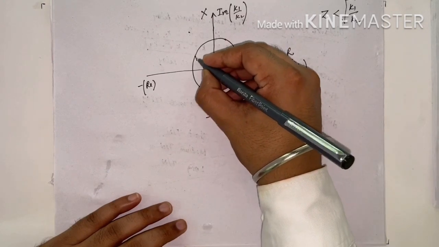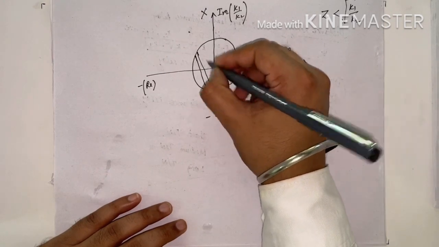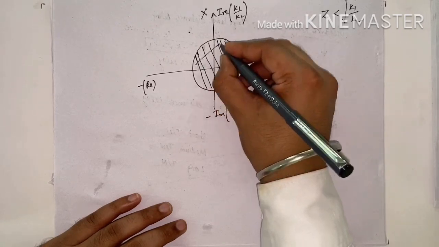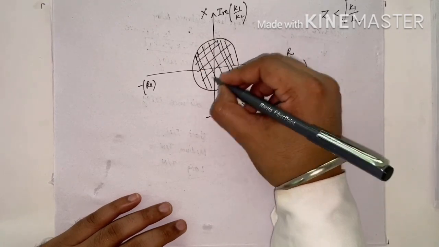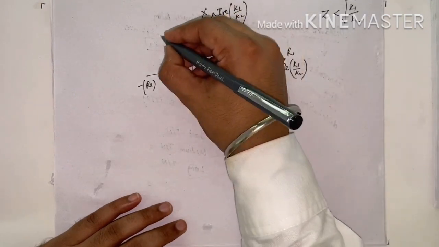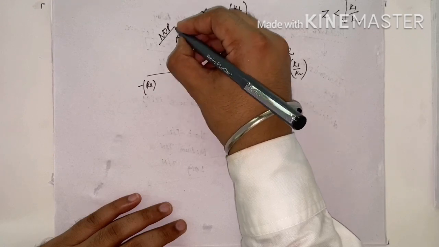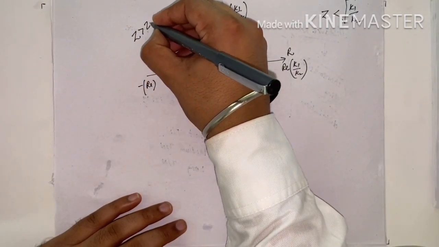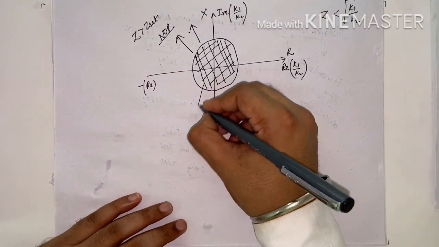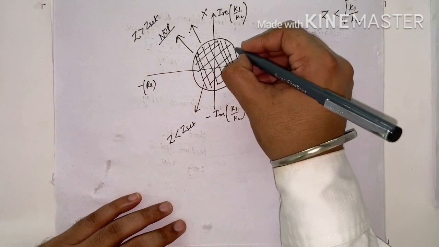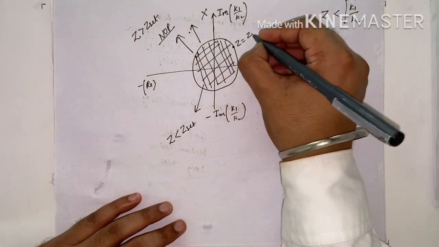So this area is defined as the operational condition area, we will call it the operational area, and in this region the relay will not work, that is no operation point. In this region the value of Z is greater than Z set, and in this region the value of Z is less than Z set, or on the surface Z equals Z set.